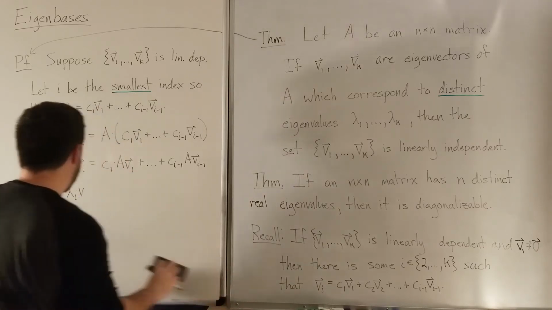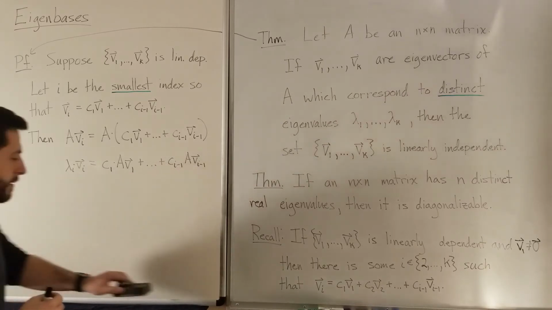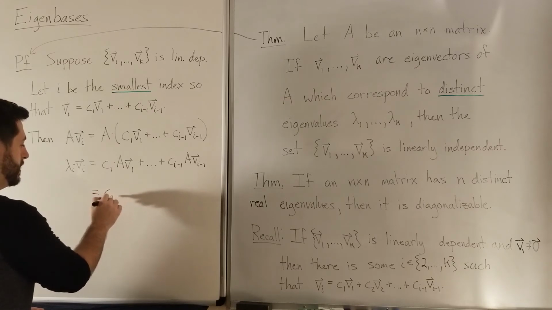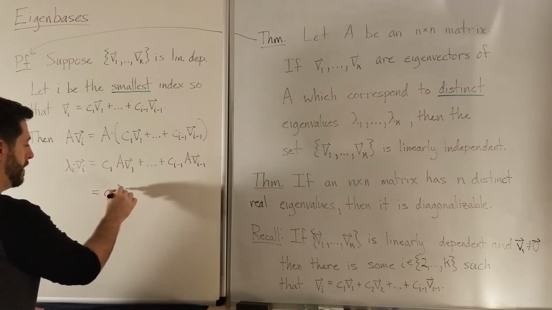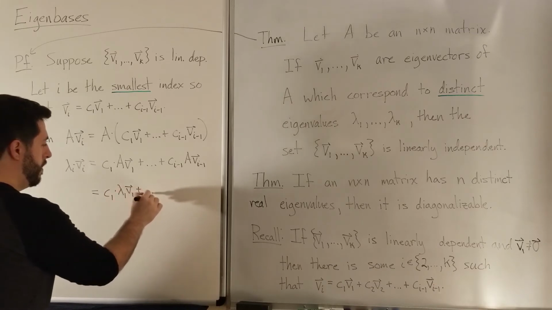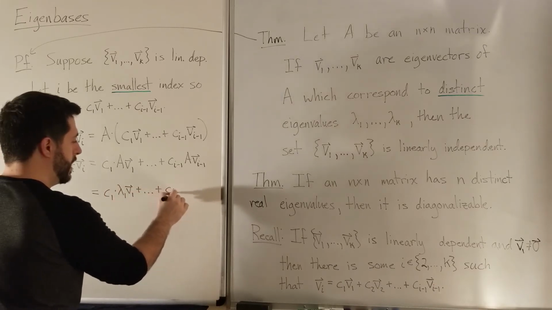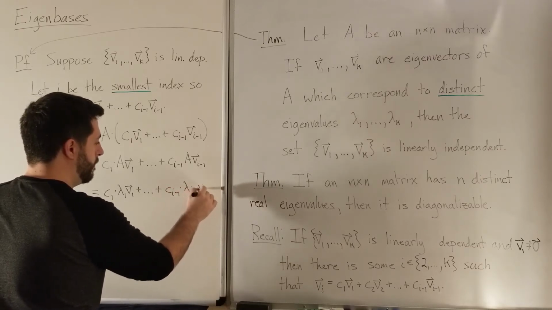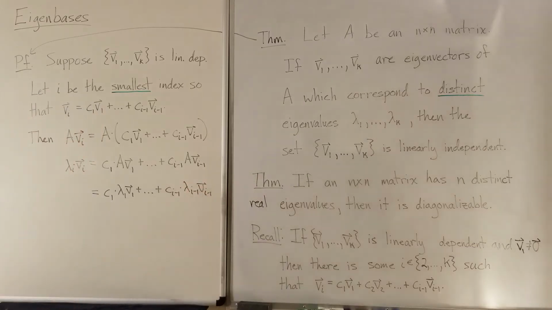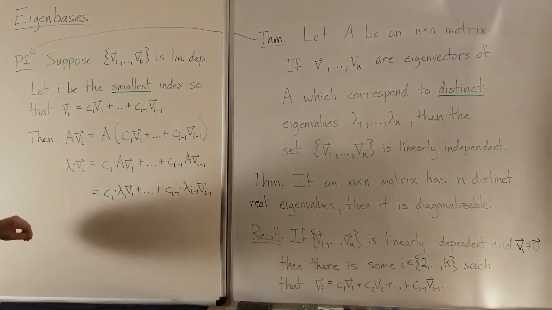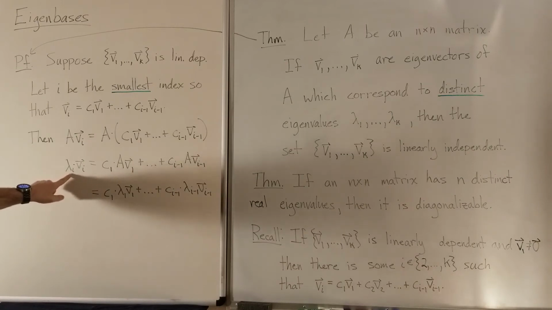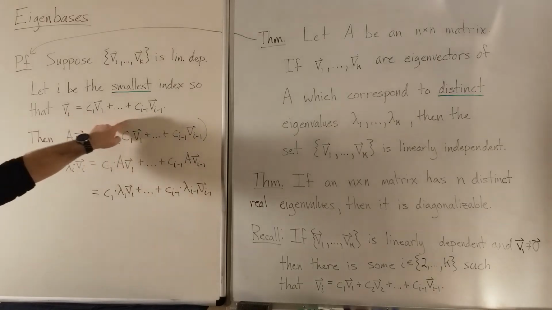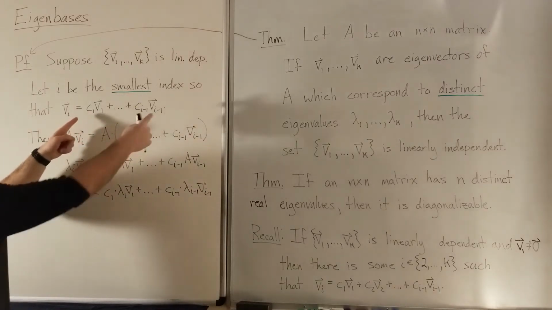Okay, and while I'm at it, I'm also going to do something else. So let's just do that on the right side, and I'll do something else on the left side. So this is c1 times lambda 1 v1 all the way up through c(i-1) times lambda (i-1) v(i-1). Okay. On the left side here, I have lambda i times vi. I'm now going to remember that vi is this linear combination here, and I'm going to replace vi by that.